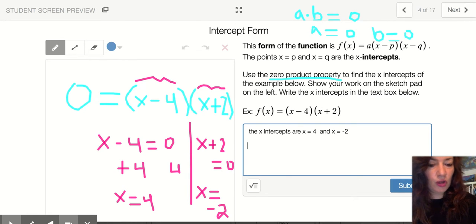Of course, you can also write it as ordered pairs, which means when x is 4, y is 0, and when x is negative 2, y is 0. Keep in mind that means our ordered pairs are (4, 0) and (-2, 0).